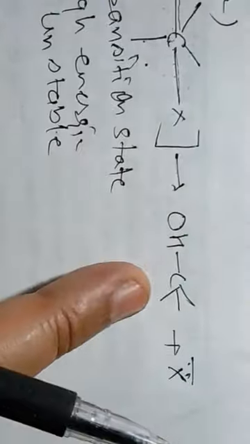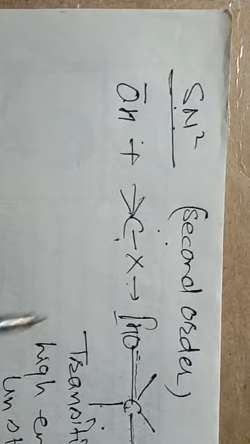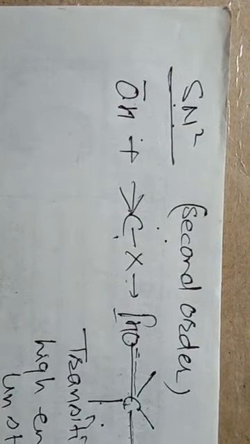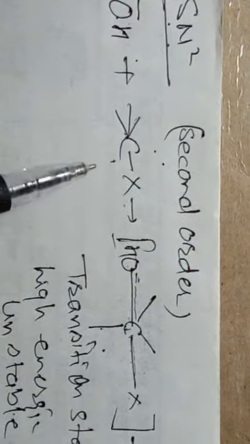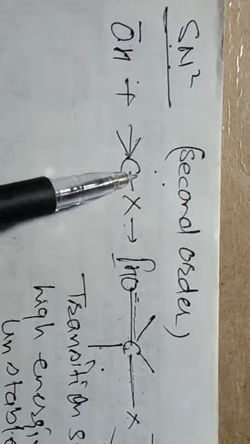Okay, so product is formed plus nucleophile. So this SN2 mechanism, which is a second order reaction, takes place overall in one step, and in this step the nucleophile is attacking from the back side.